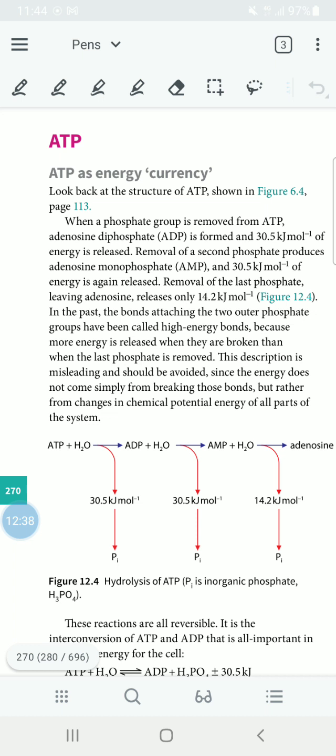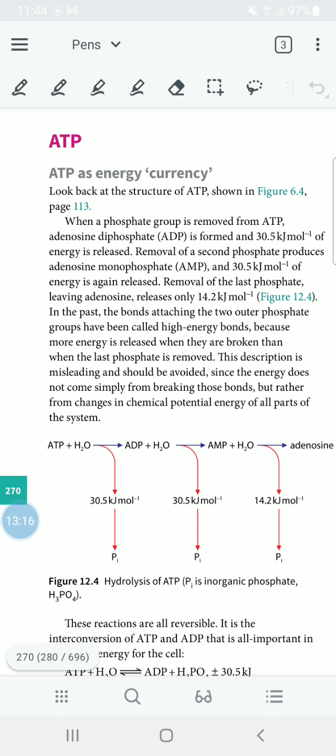And the second phosphate removal releases the same amount of energy, producing AMP. And the removal of the third and the last phosphate provides only 14.2 kilojoules of energy per mole, giving out the final product adenosine.